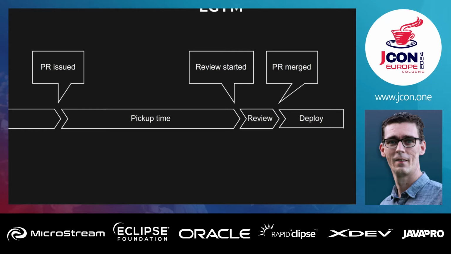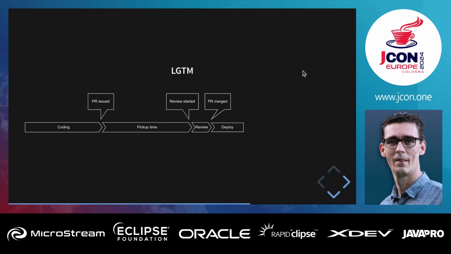So one solution is, looks good to me. Then you still have the large pickup time, but then you have the review, and almost immediately you say, okay, looks good to me, buy and approve. And of course this could happen, right? If you have code style changes, then you typically know it's all automated.